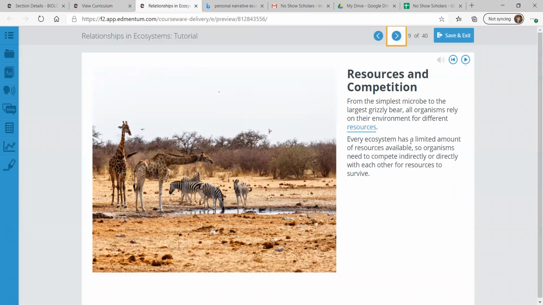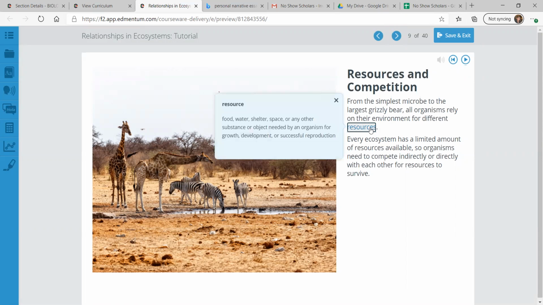So from the simplest microbe to the largest of the grizzly bears, all organisms rely on their environment for different resources. And resources, if you want to break that down, this includes water, food, shelter, space to live and roam, or any other substance or object needed for growth, development, and the ability to reproduce successfully.